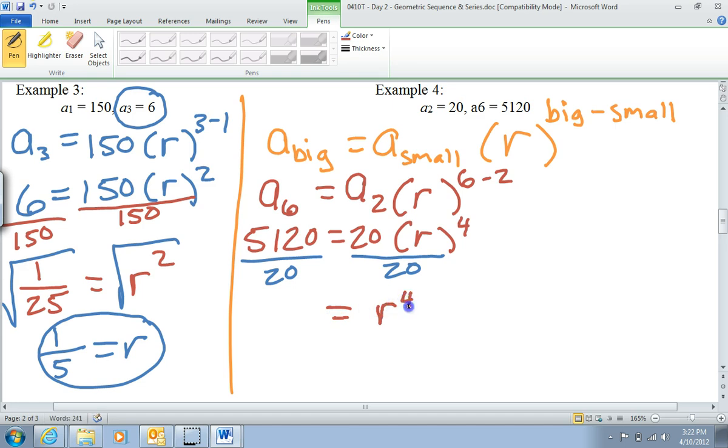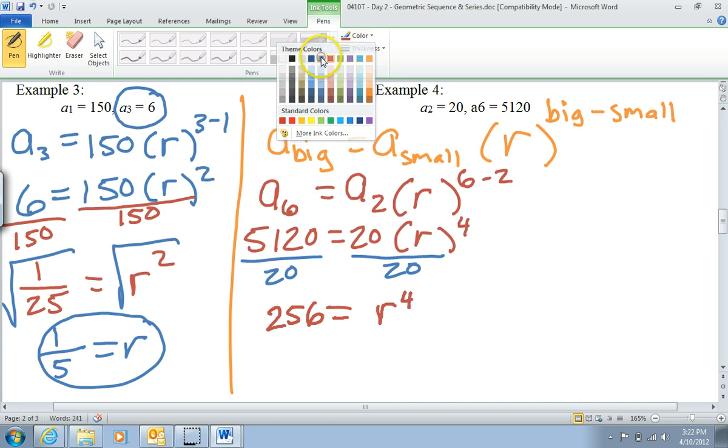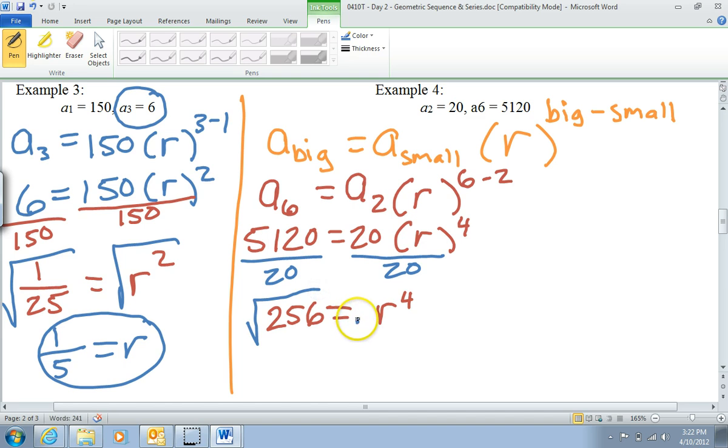That leaves me with r to the fourth power. What is this divided by 20? 256. Okay, so 256 is r to the fourth power. How do I go ahead and get r now, you guys? Right, we do the fourth root. Do you guys remember how we type this into our calculators?